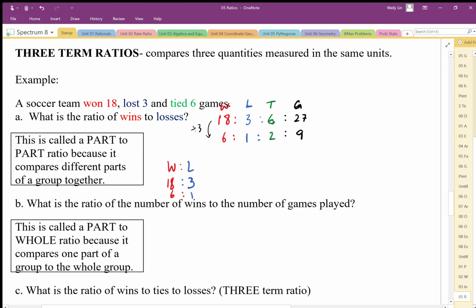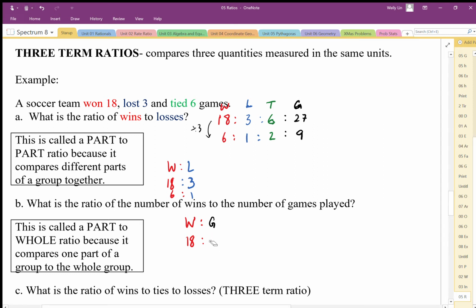So if I want to write the wins to the number of games played, I have wins to games. That ratio is going to be 18 wins to 27 games. And again, we can simplify this ratio since it has a common factor of 9.